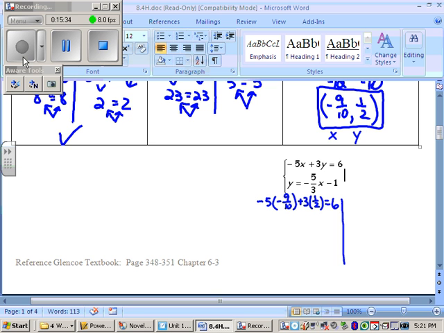So we want to simplify the left side of the equal sign and see if it equals 6. So -5 times -9/10, we can cross cancel the 5 and the 10, leaving us with 2 in the denominator and 1 in the numerator. So now when we multiply, it's simply -1 times -9/2, which would be a positive 9/2.